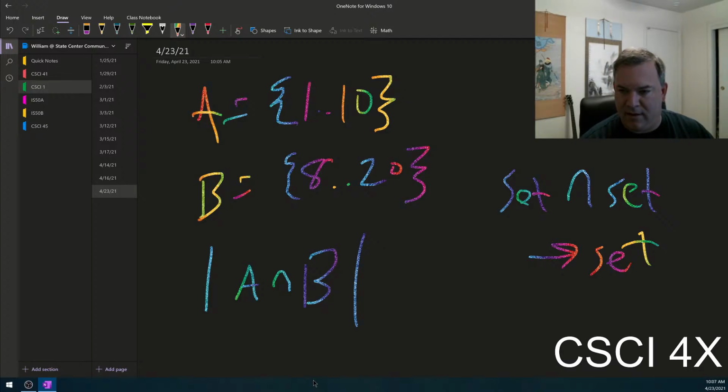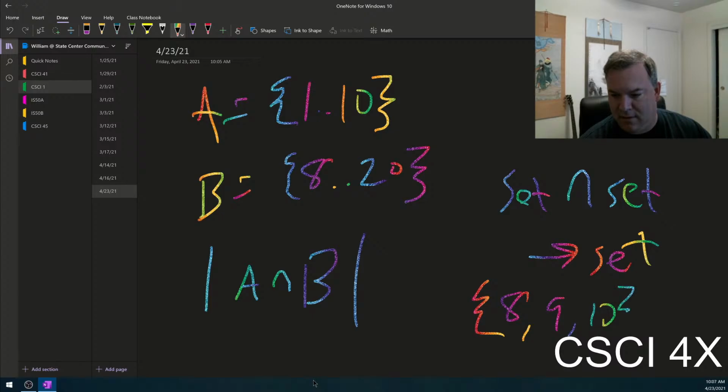In other words, numbers that appear in both A and B. So it's going to be 8, 9, and 10. The size of the intersection of A and B is 3, because this creates a set whose members are ones that appear in both A and B, and that's 8, 9, and 10.